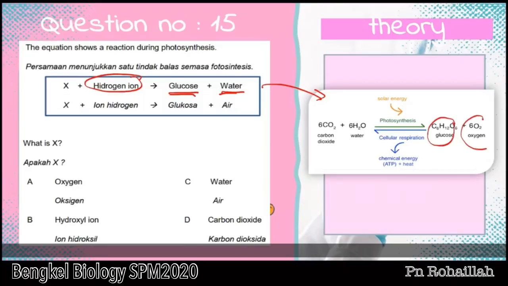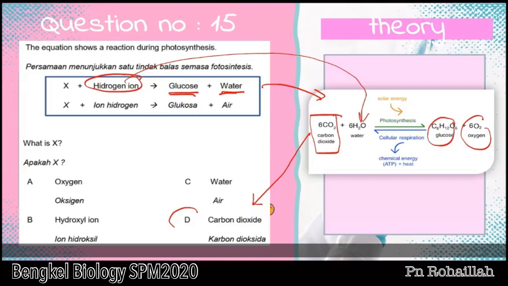So we have hydrogen ion here. The hydrogen ion actually comes from the water, H2O. So hydrogen ion from the water will react with X. So what is X? X is carbon dioxide. So the answer is D. Okay, next.